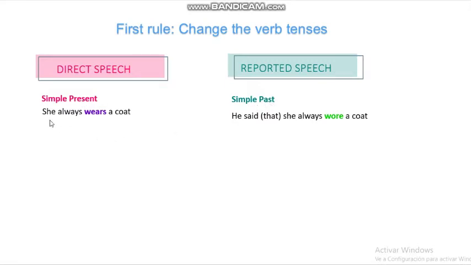As you can see in the simple present example, she always wears a coat. Wears, the verb, is in simple present. It becomes, he said that she always wore a coat. We use that in parentheses because you can use it or not. And the verb comes in simple past.